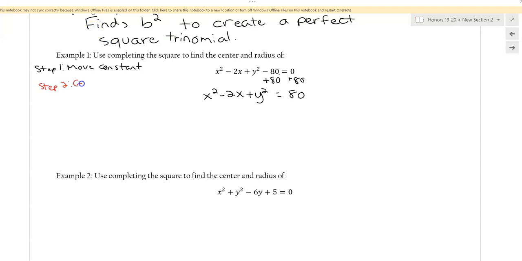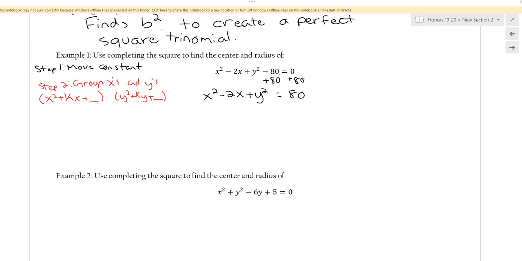Step 2, group x's and y's, such as x squared plus kx, some number, k is just representing a number, plus blank, or y squared plus ky plus blank. We don't know what those blanks are. Those blanks are what we're filling in.